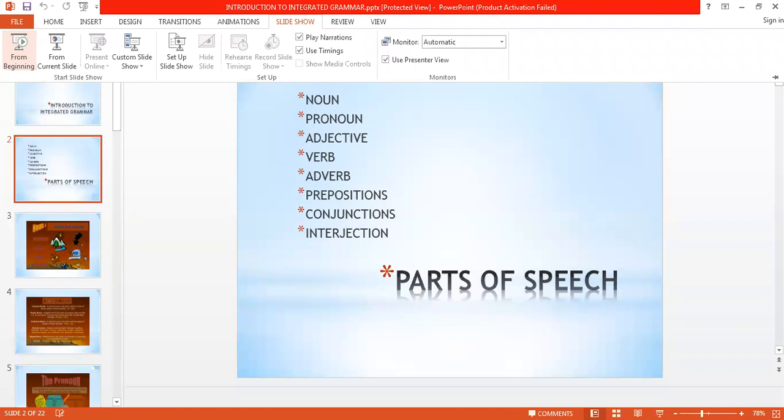Listen to the example once again, then it will be more clear to you. Demonstrative pronoun: these are the books. Here I am indicating towards the books. So I am not following the books, but I am indicating. So these here is a demonstrative pronoun.